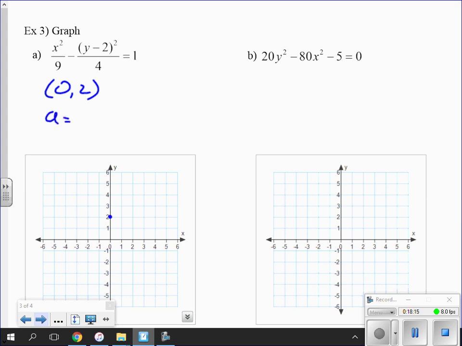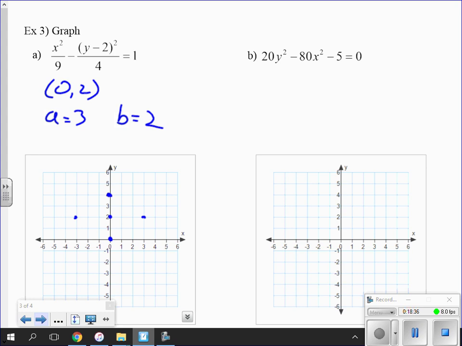My A is 3. My B is 2. Go out 3 in each direction on the X, and up 2, and down 2. And then on the ellipse, we drew an ellipse to those points.